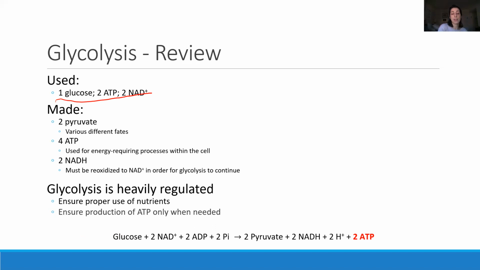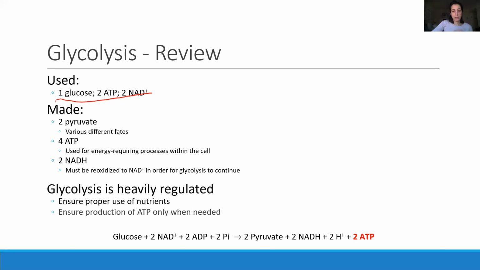What do we make from the reaction? We make 2 pyruvate, right? Our glucose breaks down into 2 molecules of pyruvate. This pyruvate can go on into different areas. We make 4 ATP. Remember, there are 2 steps at the end that generate ATP, and each of them is doubled. And we make 2 NADH.